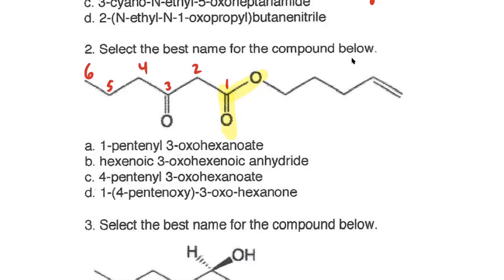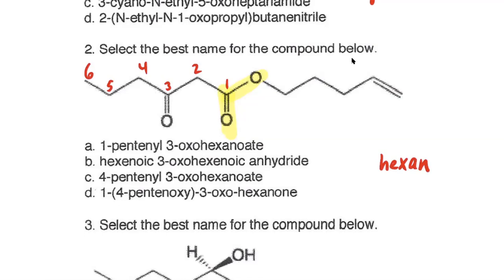And then we want to say, how would we normally name our esters? So here we have 6 carbons in our parent. And so we're going to want to use the prefix hex. Alrighty. And in our parent, we don't have any double bonds, so we can continue it with hexane, instead of hexene.